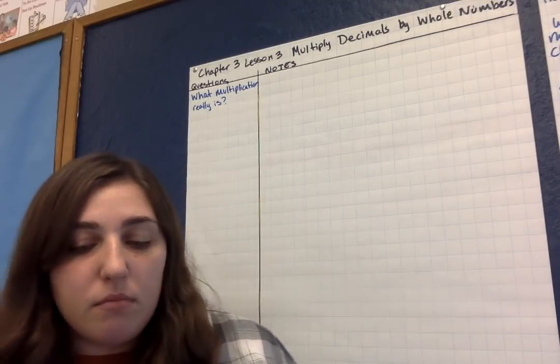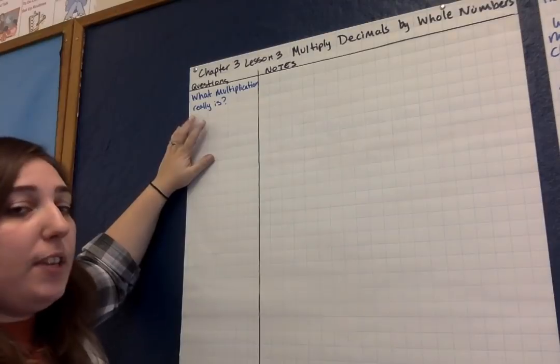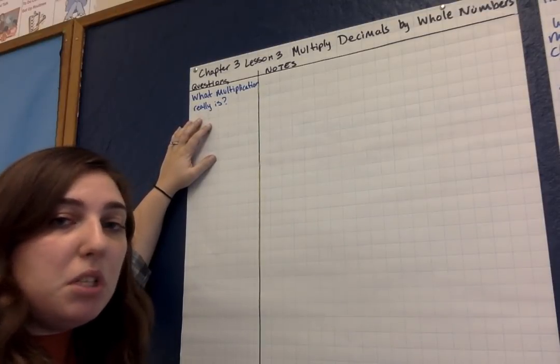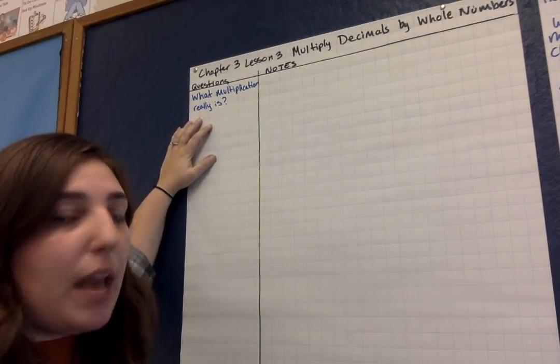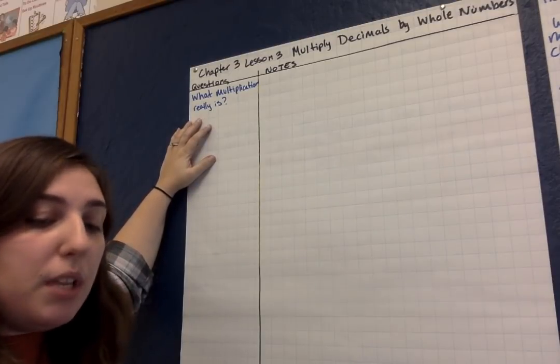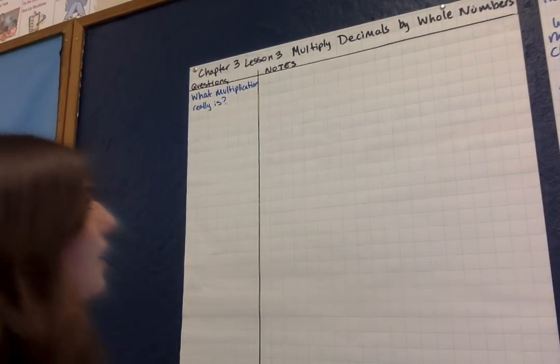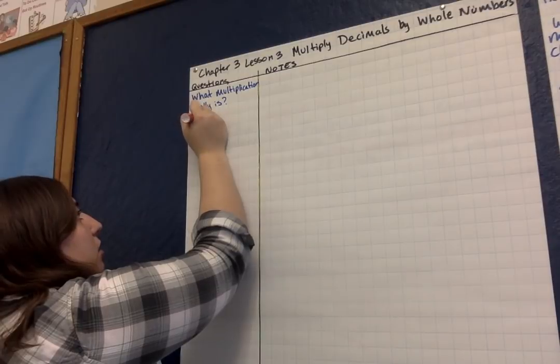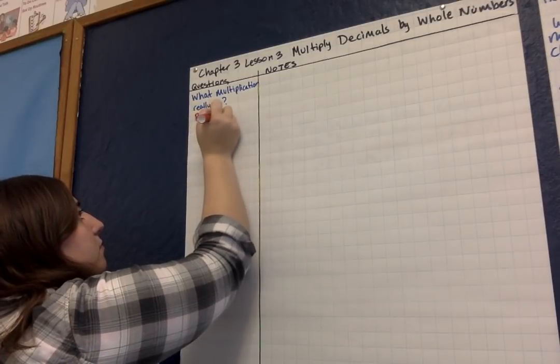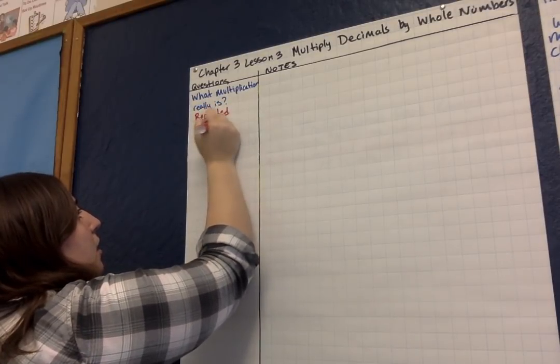All right, so the first question I already have here. First, let's talk about what multiplication really is, and we're going to have an example for it. So multiplication is really repeated addition, and I'll put that here. Repeated addition.